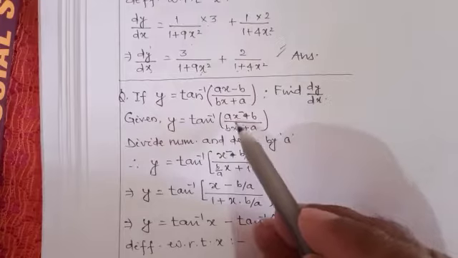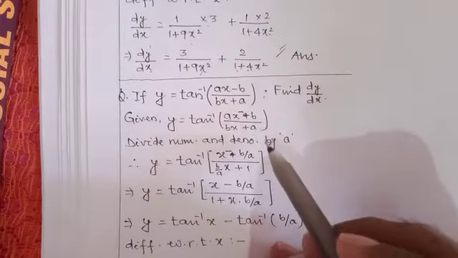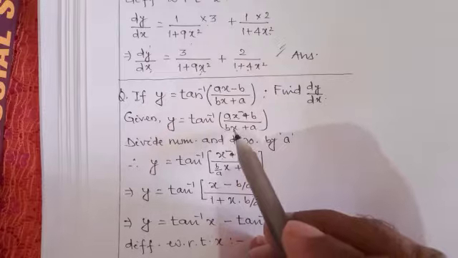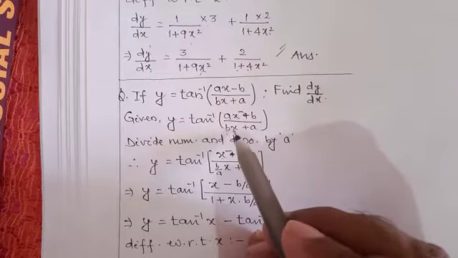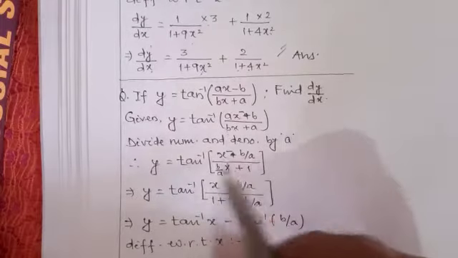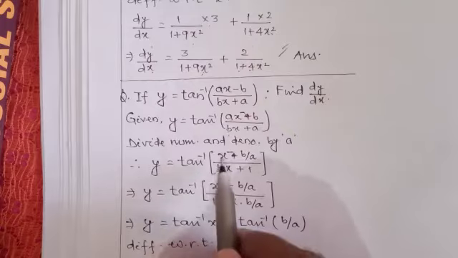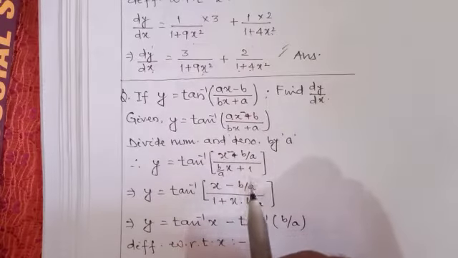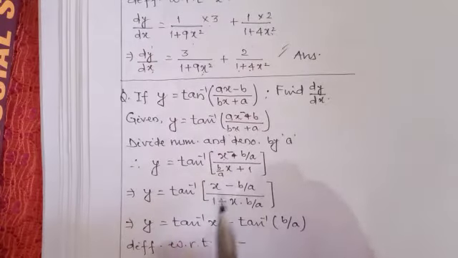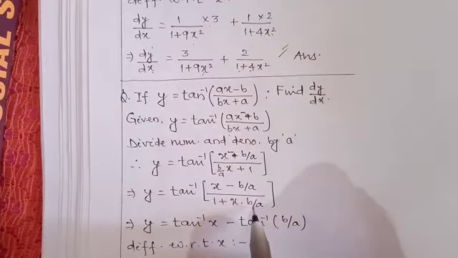After division it should be x minus b upon a over b upon a into x plus 1. Just rearrange the terms. So y should equal tan inverse of x minus b by a over 1 plus x into b upon a.